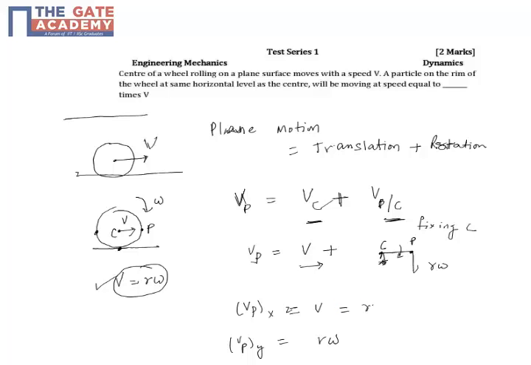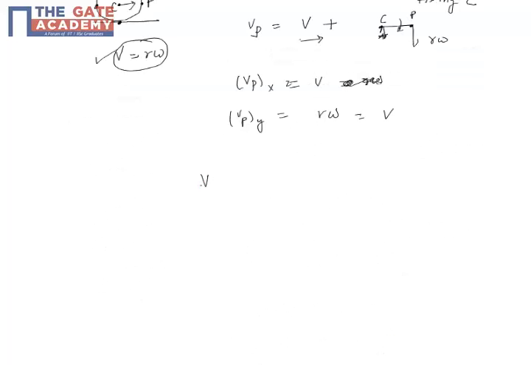So let's keep this as v, because we need to express everything in terms of v. So the resultant velocity of p, which is at the same horizontal level as the center, can be found out once I know the components.